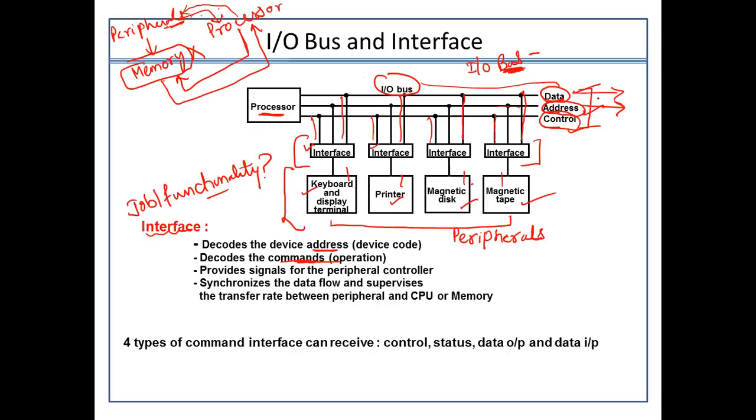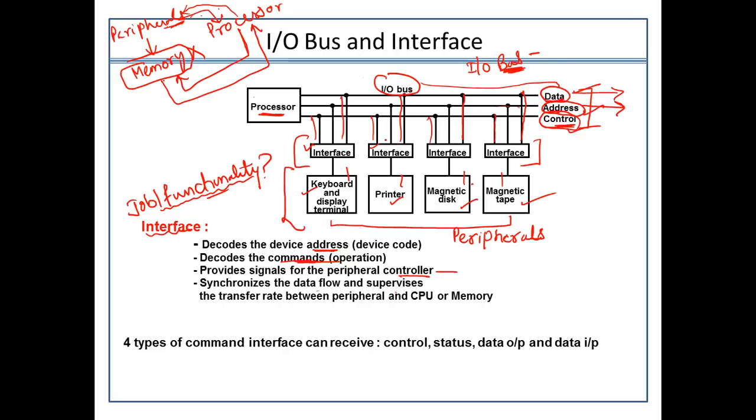It also provides the signal for the peripheral controller. The control line will be there, synchronizing the flow of data and supervising the transfer of the data between the peripheral and the memory. So this is the functionality of the interface which it serves between the peripherals and the processors.